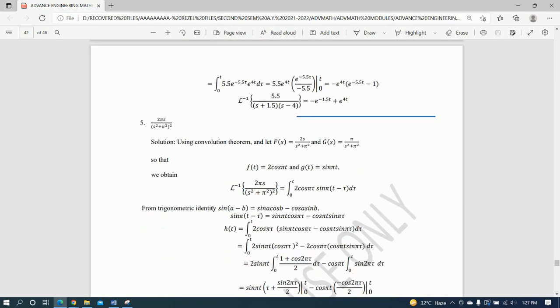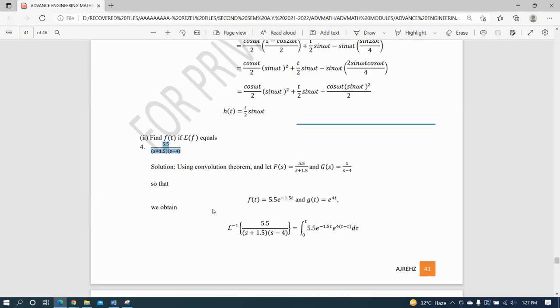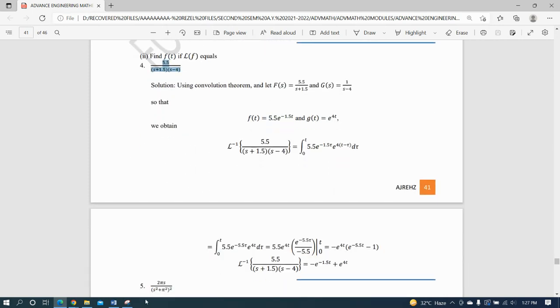Pero dito sa example natin, sa number 4 and number 5, we try to determine h of t given the Laplace transform of the equation, or given f of s, g of s. Given h of s pala. So, hinahanap natin dito is the h of t given h of s. Laplace transform na yung given, hindi simpleng function lang.